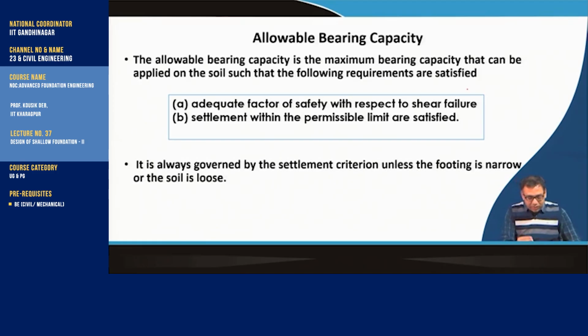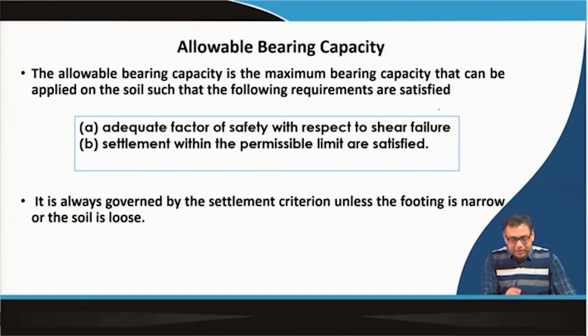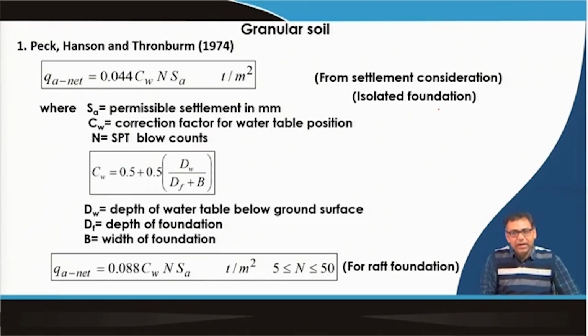That means the settlement is within the permissible limit and there is an adequate factor of safety with respect to shear failure. If I consider both considerations, then that will be the allowable bearing capacity.